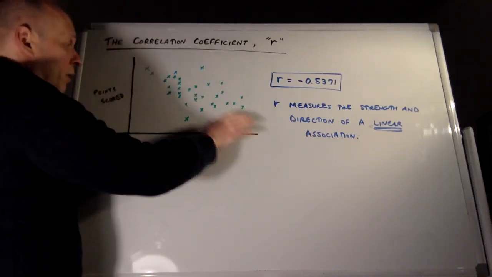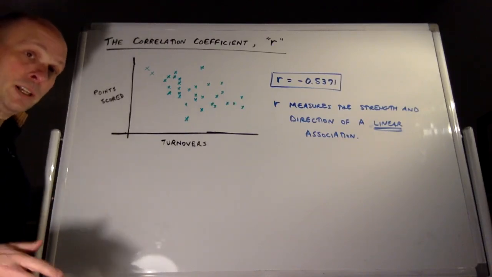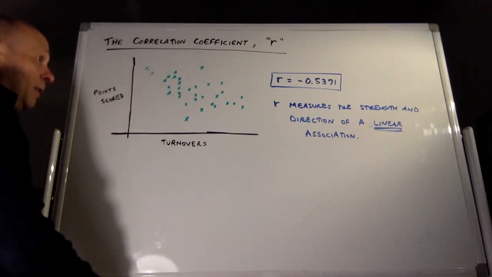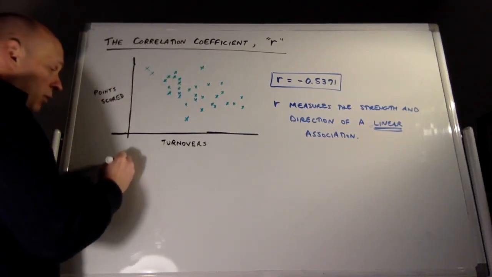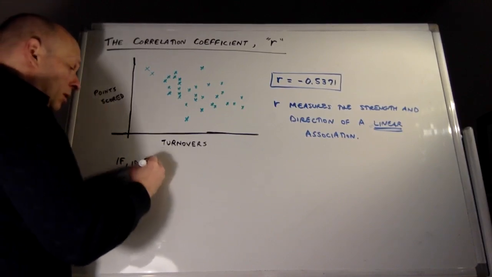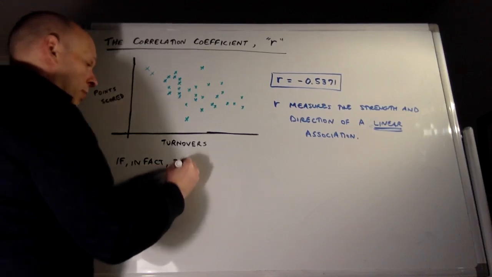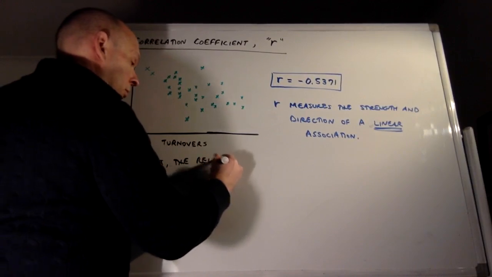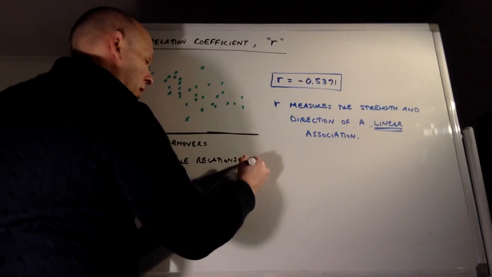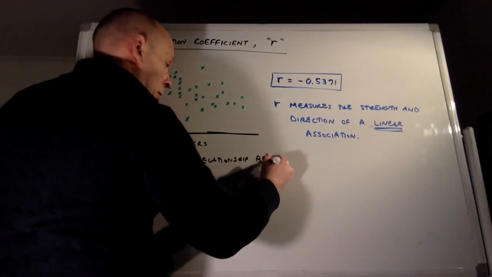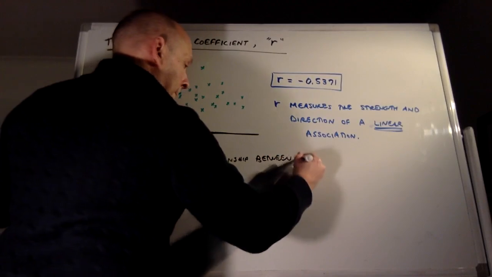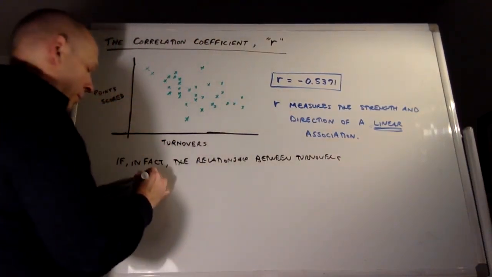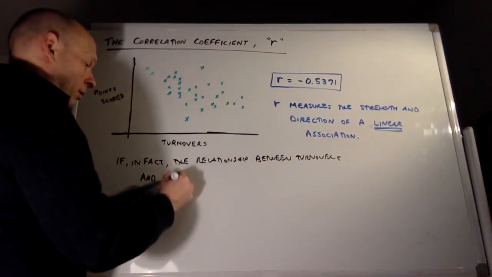If in fact our relationship between turnovers and points scored is a linear relationship, then this number confirms for us what we had said yesterday. So we'll say, if in fact the relationship between turnovers and points scored is linear.